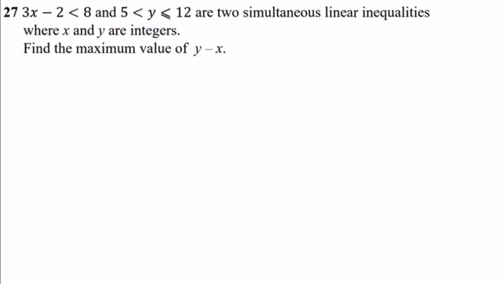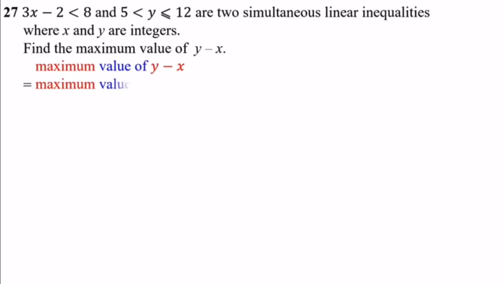This is a tricky question because you need to think about how to get the answer. In order to find the maximum value of y minus x, the biggest difference between y and x, the y must be the biggest and the x must be the smallest, so that you can get the biggest value. So now the concept is you must list out the x and list out the y.